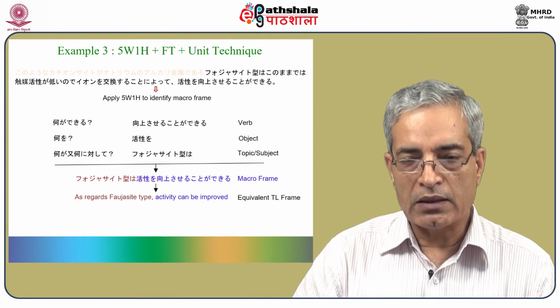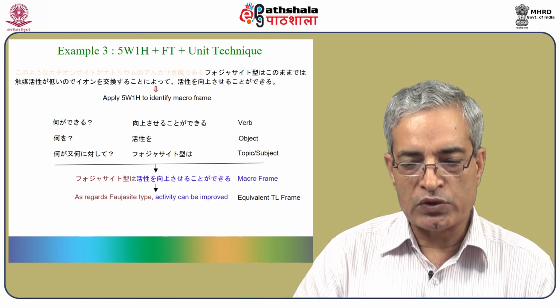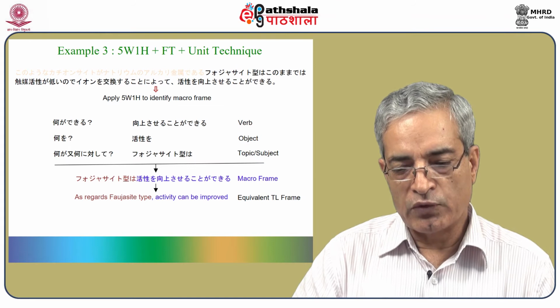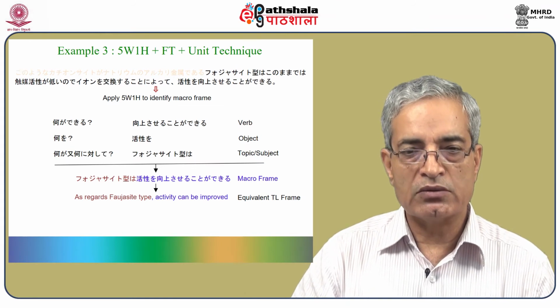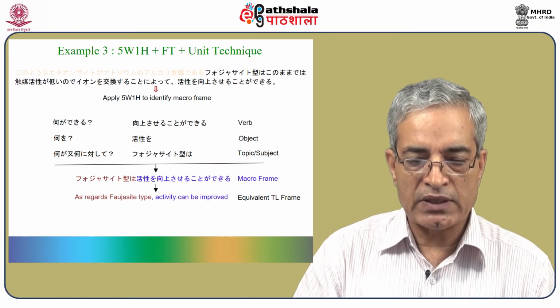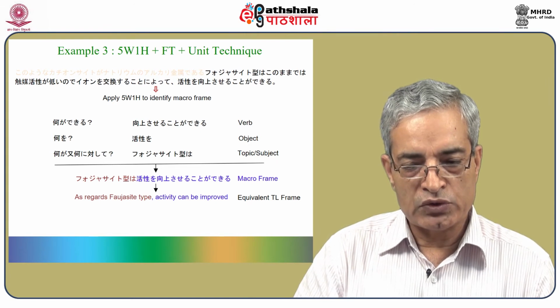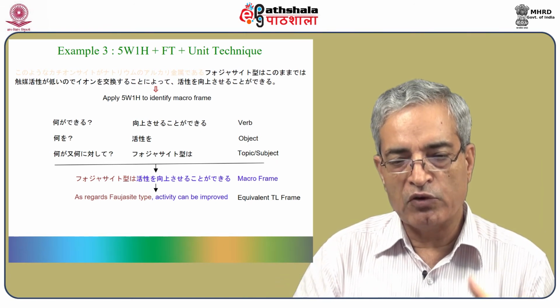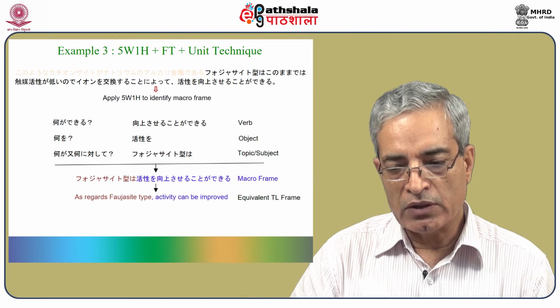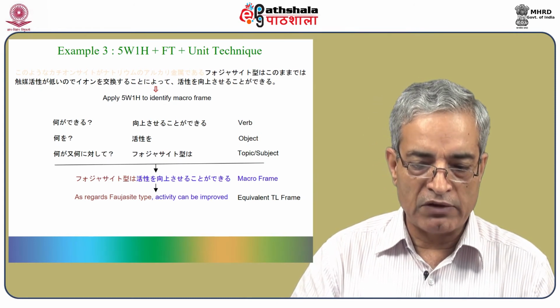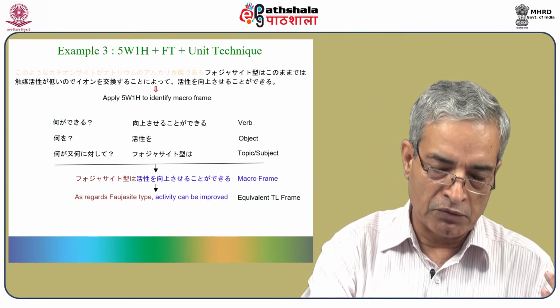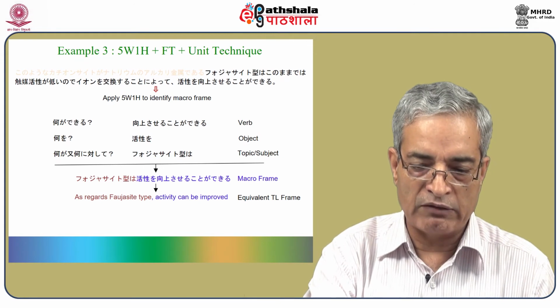Nani ga matawa nani ni taishite", so "phosphosite gata wa kaseo kojo saseru koto ga dekiru". As regards phosphosite type, activity can be improved. So by applying the 5W1H, we actually got the macro frame and the equivalent to that macro frame, that is the macro frame in the target language also.